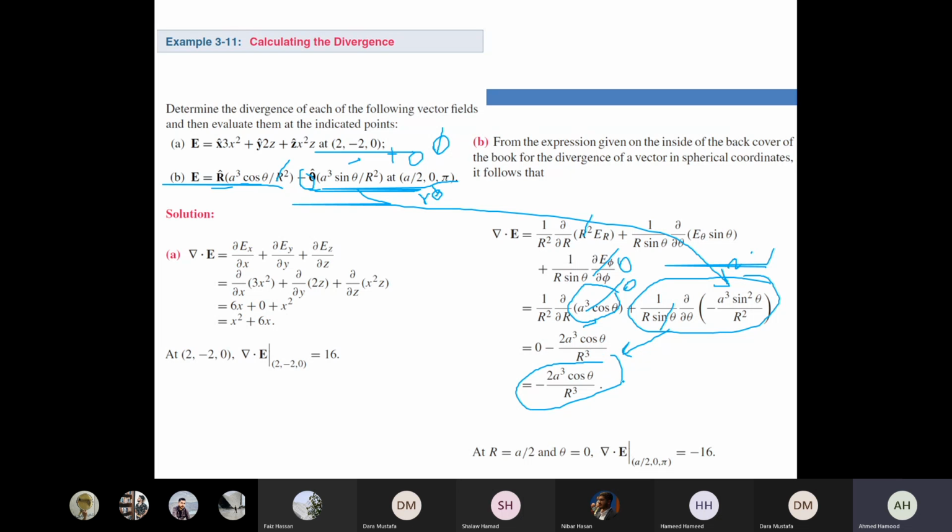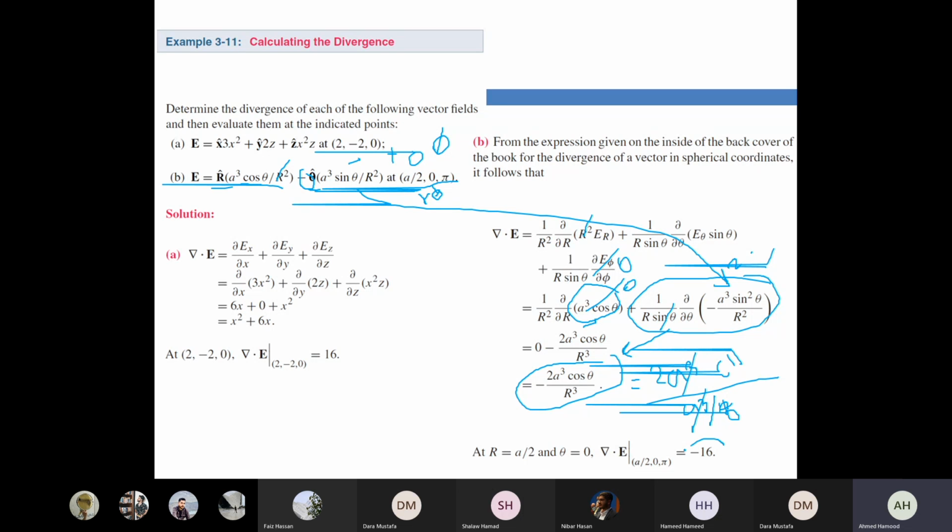So since theta is 0, this is equal to 2 a to the power of 3, and you have cosine 0 is 1, divided by r to the power of 3, which is a to the power of 3 divided by 8, because 2 to the power of 3 is 8.